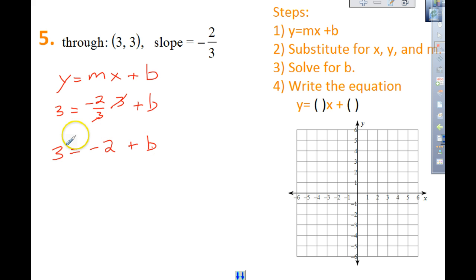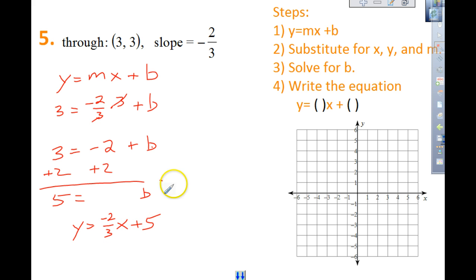Negative 2 plus what is 3? Solve that. 5. Y equals negative 2/3 x plus 5. And we do the same thing over here. Start at 3, 3. And if we went up 2, left 3, we'd get positive 5 as well. So it worked out.